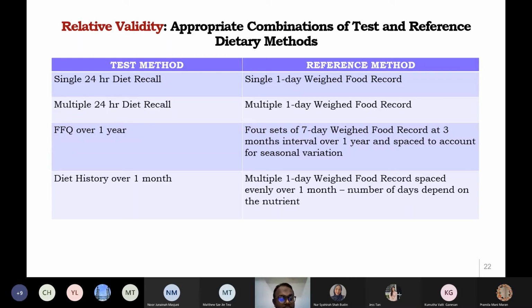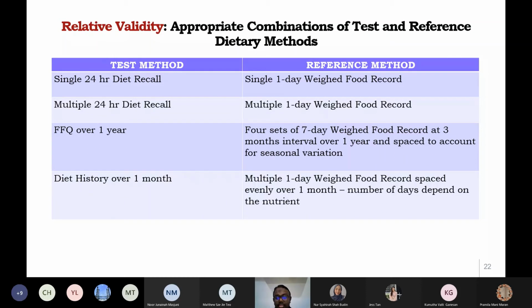When the test method is multiple 24-hour diet recalls, again the reference method is multiple 1-day weighed food records. So you can have 7 days of weighed food record. Okay. If your test method is FFQ over 1 year, your reference method will be 4 sets of 7-day weighed food record. Why 4 sets? Because you divide the year into 3-month intervals, and then there's space to account for seasonal variation.